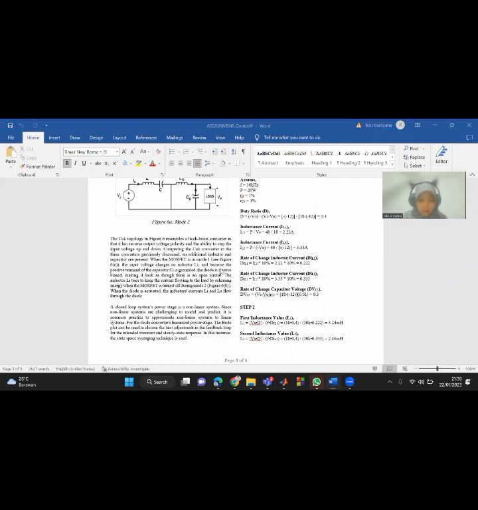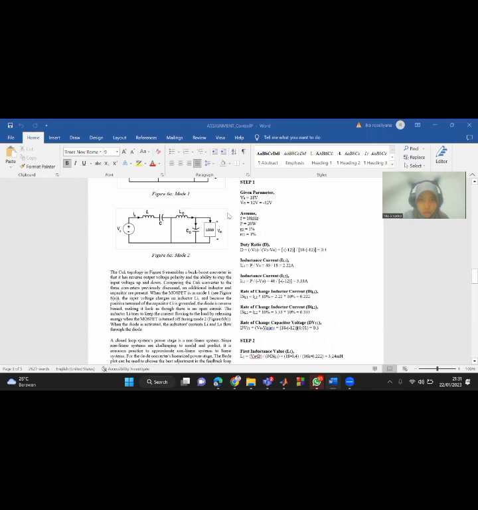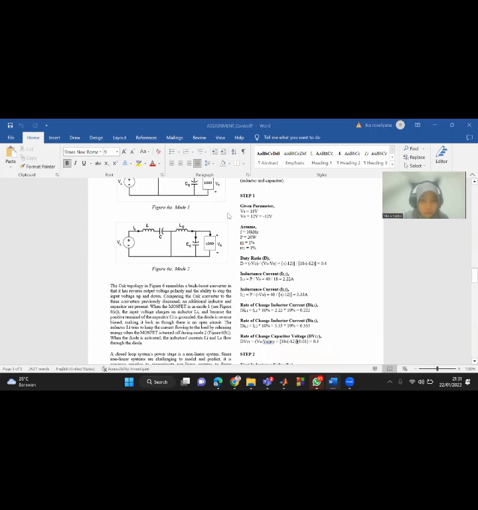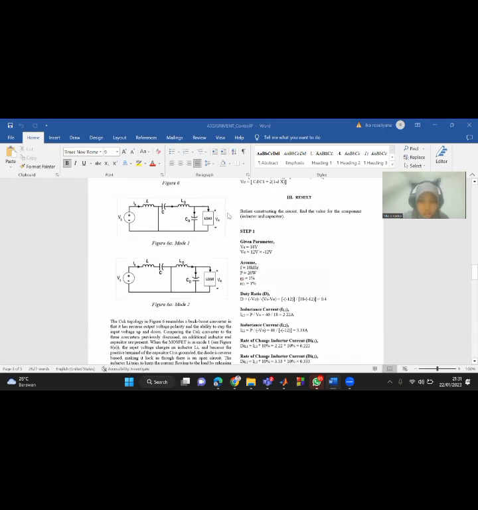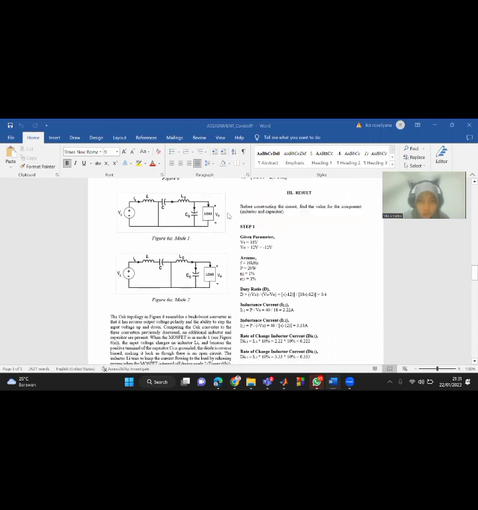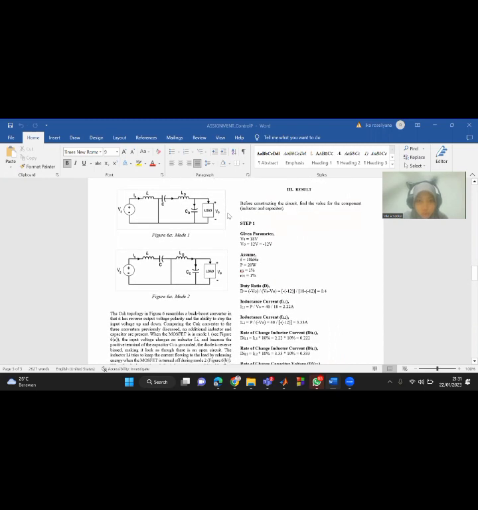My name is Gloriana Fatimah Amalia from Group 11. I want to explain the results for the DC-DC Cuk converter. Before we go to the simulation, I will explain the calculation.